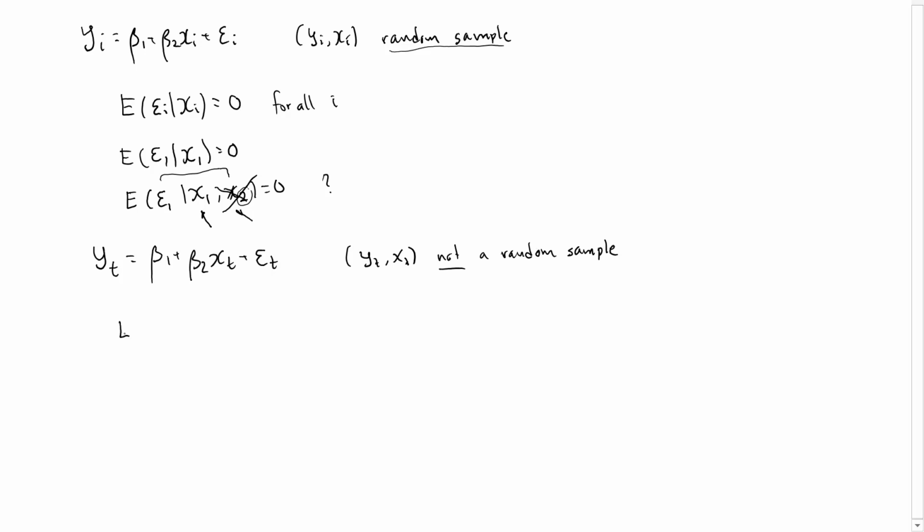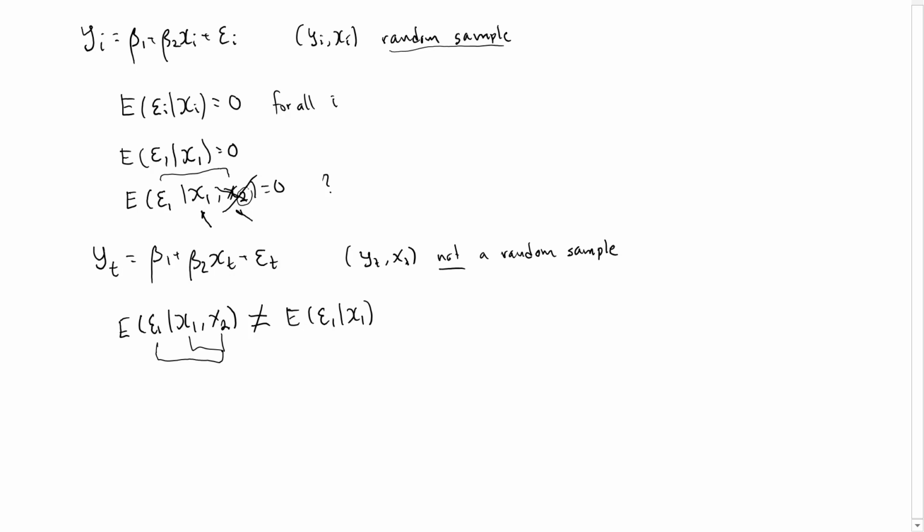So in this case, the expected value of epsilon_1 conditionally on x_1 and x_2 is not necessarily the same as the expected value of epsilon_1 conditionally on x_1 only, simply because of the correlation. Since there is a correlation between x_2 and x_1 perhaps, and x_2 and epsilon_1 even, then we cannot exclude the possibility that an x variable at another time point will affect the error term at time point t.